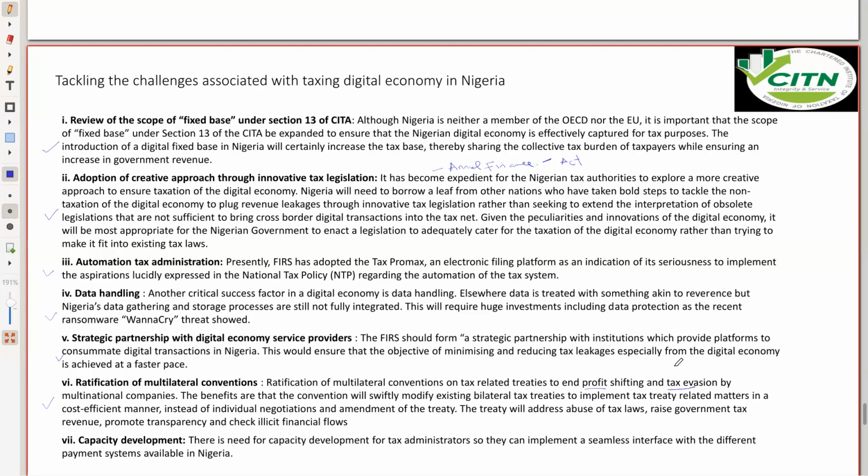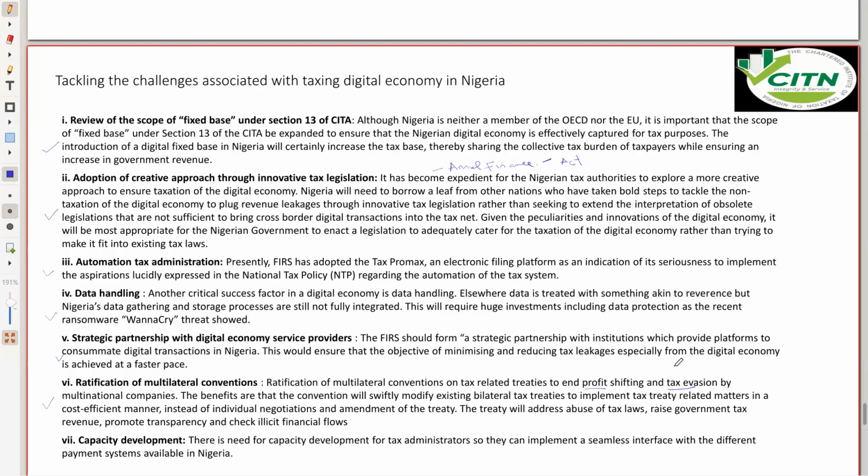So those are some of the activities that these tax administrative authorities are trying to explore to tackle the challenge in the digital economy. And as you become tax practitioners, we hope that you will also have other ideas on how we can fully get our share of the revenue from the digital economy.